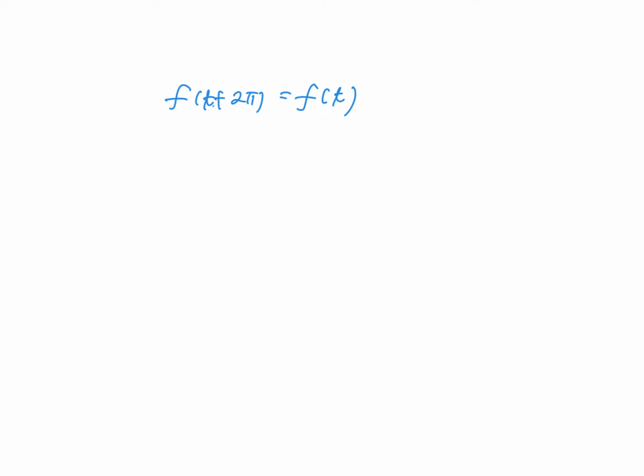So every 2 pi, if the value of f(t) is repeating itself, we call this a periodic function, and this is called a period.